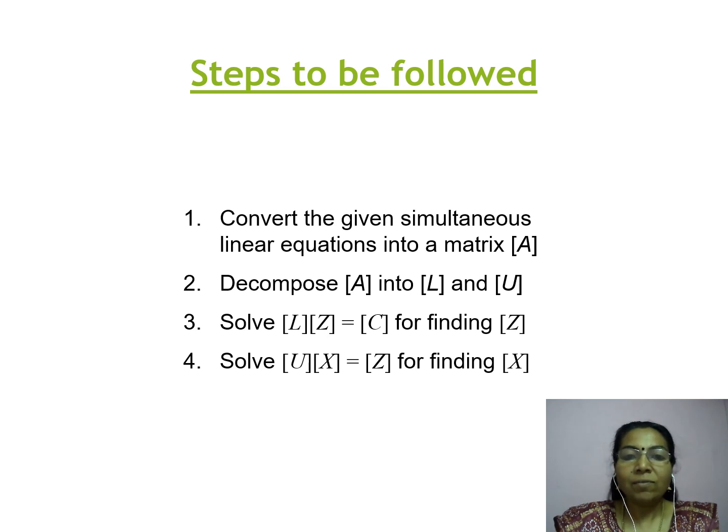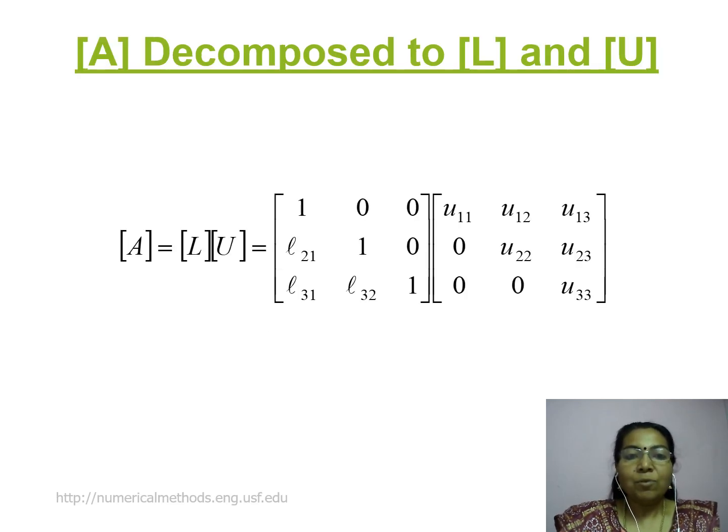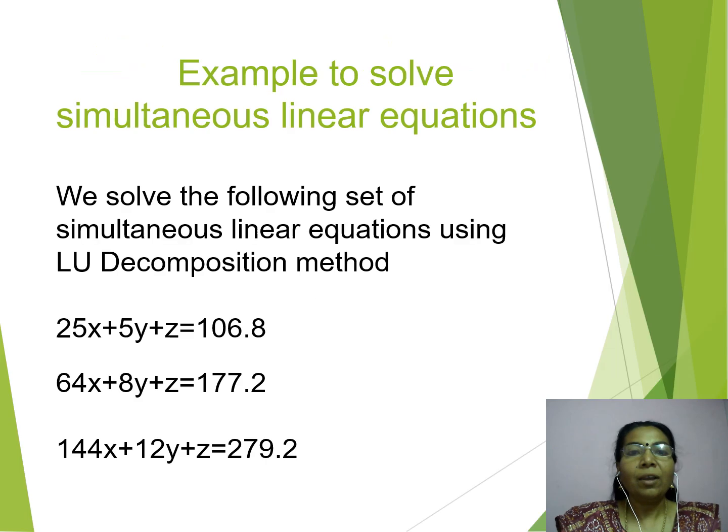The first step is to convert the given simultaneous linear equations into the matrix A. The second step is to decompose the matrix A into L and U. The third step is to solve LZ = C for finding the value of Z. And the fourth step is to solve UX = Z for finding the value of X. So the matrix A is decomposed as the product of L and U, where L is given as 1, 0, 0, L21, 1, 0, L31, L32, 1, and U is given as U11, U12, U13, 0, U22, U23, 0, 0, U33.